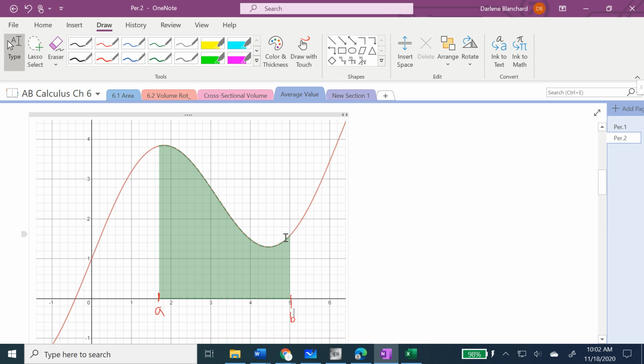This lowest point is like 1.3-ish. This highest point is like 3.8-something. But I want you to think, what do you believe is the average value? Write down that answer in chat, and let's see who gets closest but answers first to the closest number.